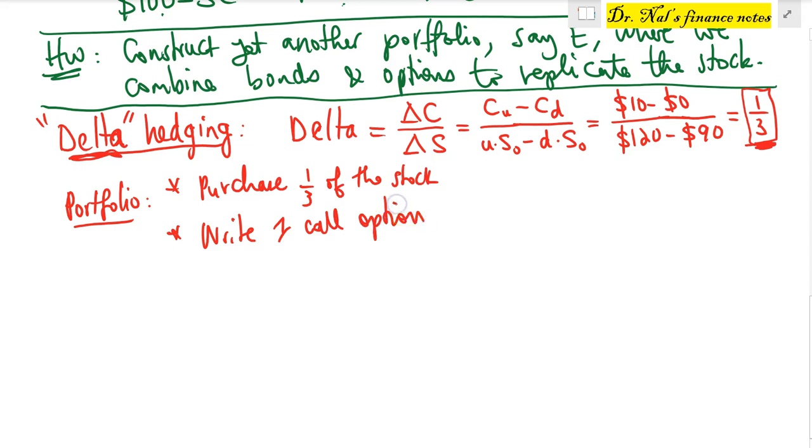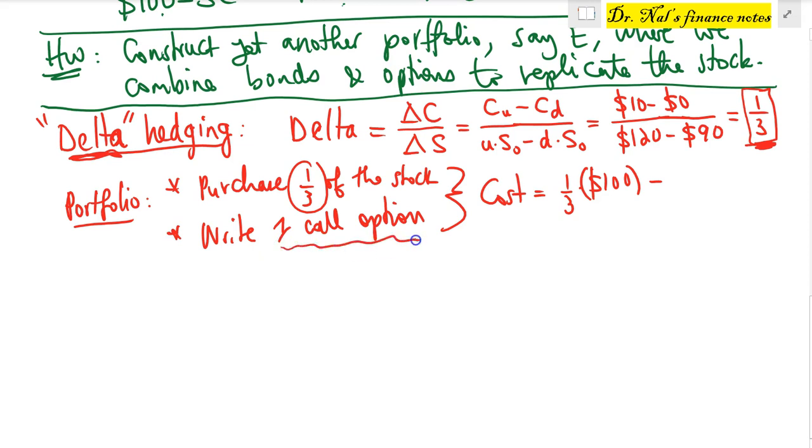Again, the cost of this would be equal to, well, purchasing 1/3 of a stock will cost you 1/3 times $100 at time 0, minus, well, this cost will be reduced by writing this call option, which I will receive as a writer by selling this call, a premium, right? And that's what we are pricing actually, minus C.